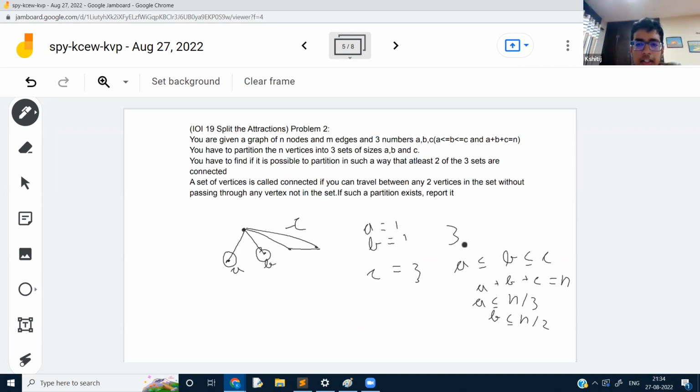Okay. So I think I should cover the tree problem first, since then it will be easier to understand. This is a hard problem.